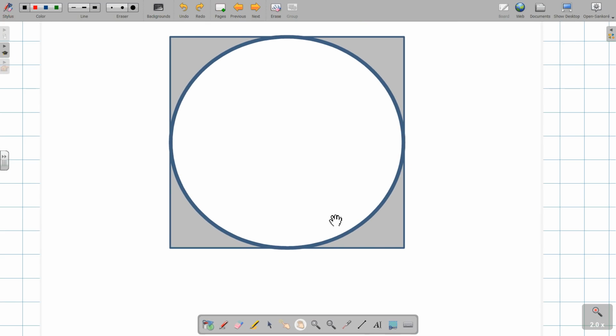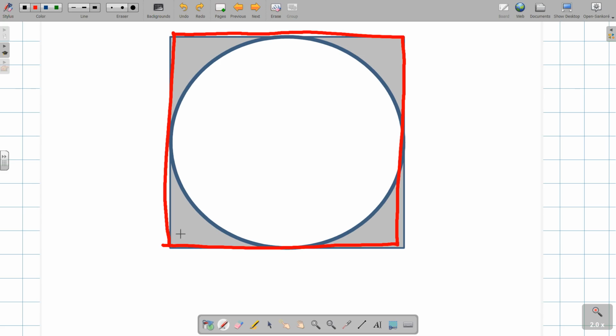Welcome back. Let's see. To get this shaded region, let's make a thing equation. You always want to do a thing equation before you do numbers. So we're basically going to take the area of a square.